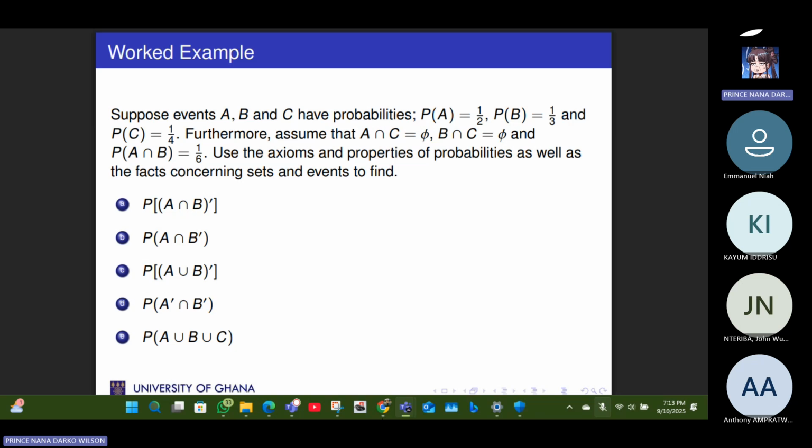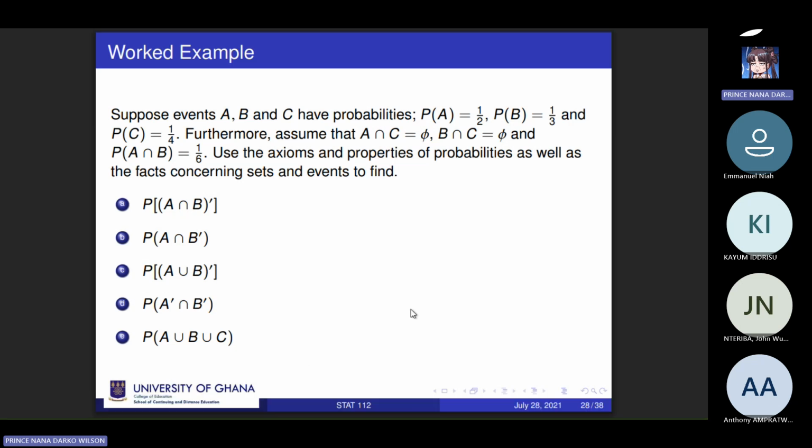So what this means is we just calculate A intersection B and then we subtract it from 1. I believe you remember the properties we discussed the last time. I mentioned earlier that when you see the OR operator, we do additions. But whenever you see AND, for probability AND, we do multiplications every time.